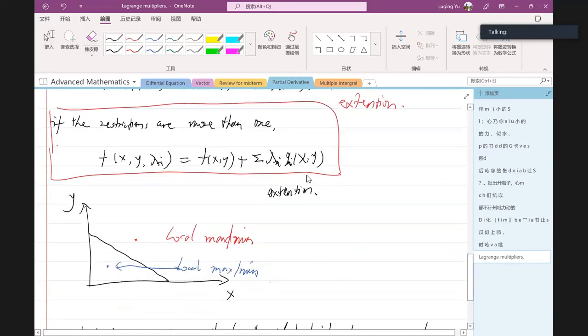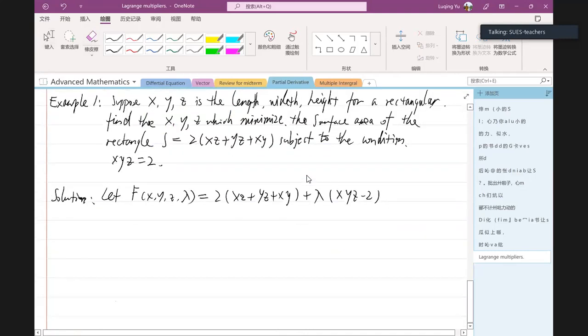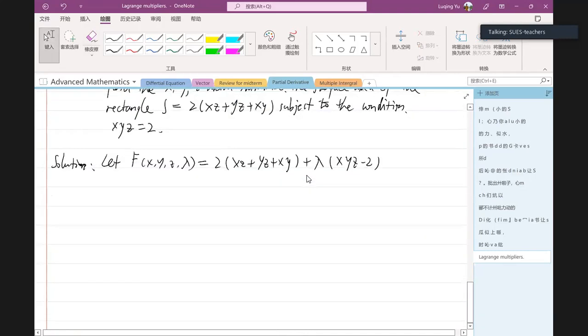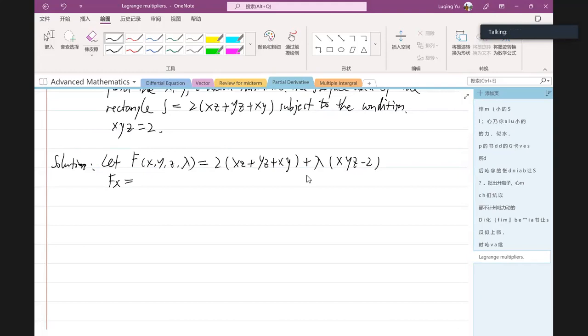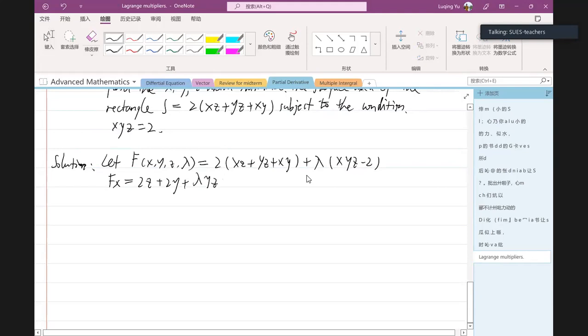So let F(x, y, z, lambda) equal 2 times (xz + yz + xy) plus lambda times (xyz minus 2). Then we take the partial derivatives. F_x is 2z plus 2y plus lambda yz, equal to 0. F_y is 2z plus 2x plus lambda xz, equal to 0. F_z is 2x plus 2y plus lambda xy, equal to 0.